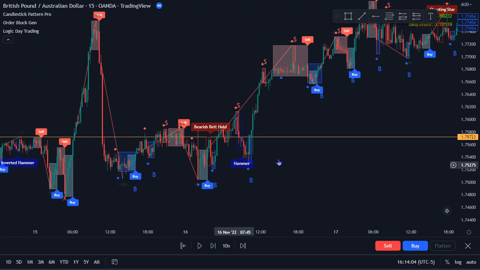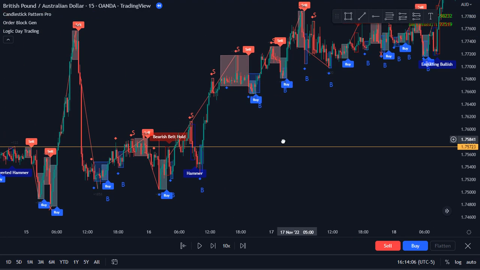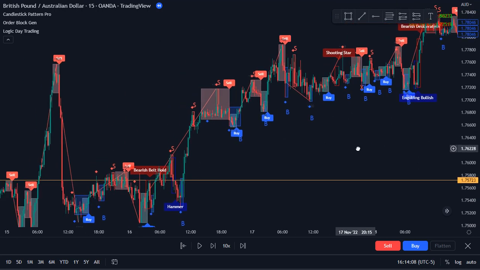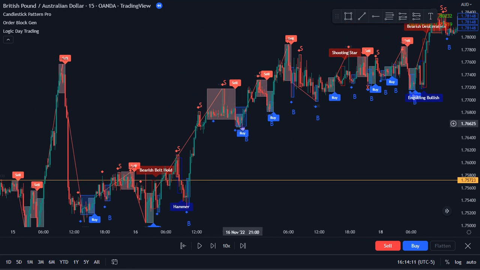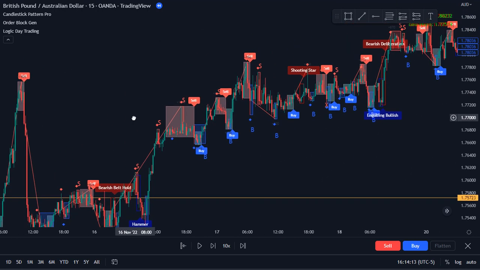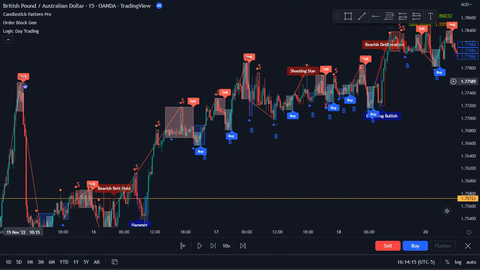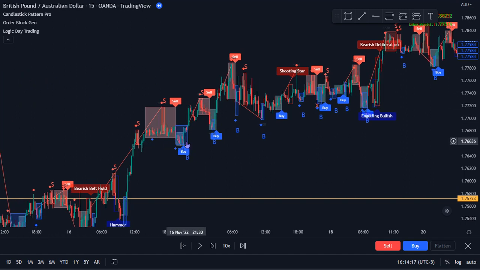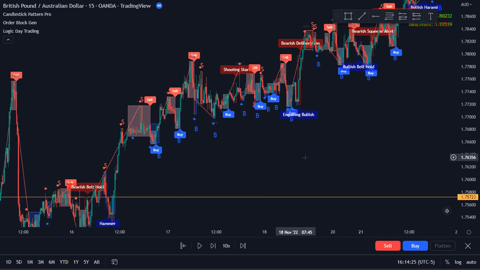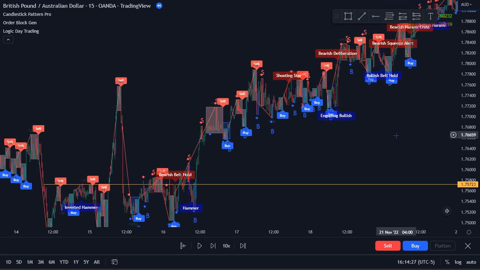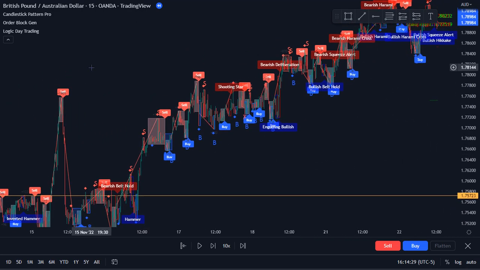Plenty of entries to have gotten in on this trade. And even here as well, price has not yet taken out this high. So there's another overlapping order block with the logic day trading zones right here, retraces back into it and continues going up.